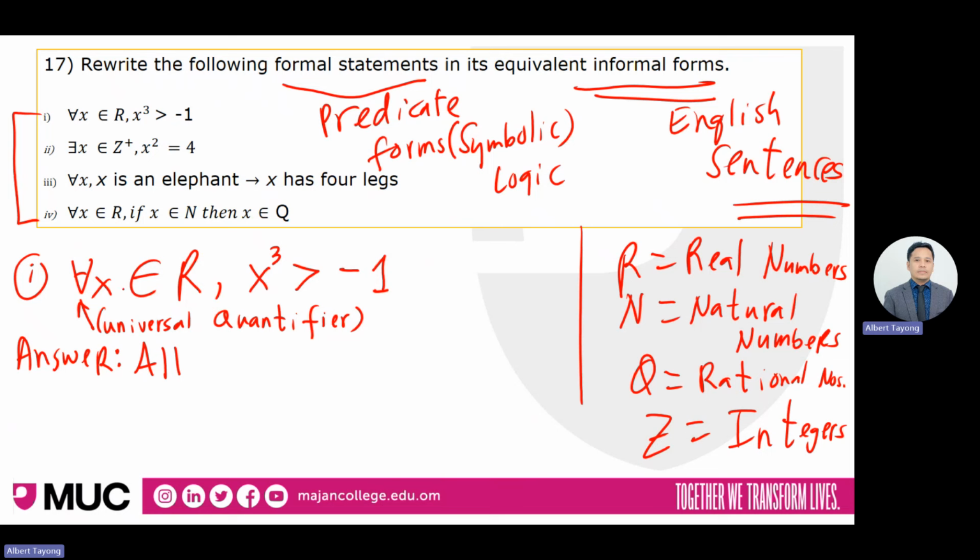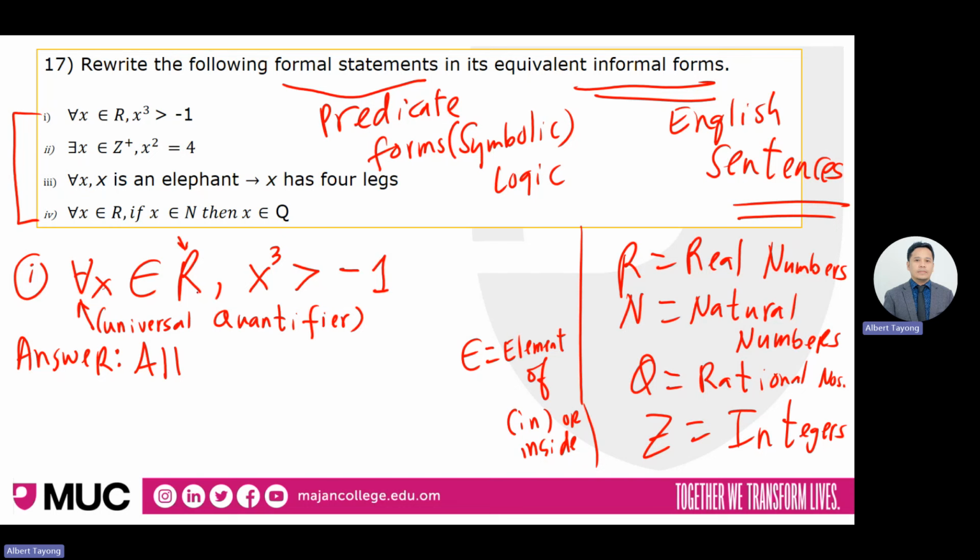So this is for all x in R. This symbol means element of, so it means in or inside. So this x here, the subscript below this universal quantifier, means x here is any of this. That's the meaning of that.